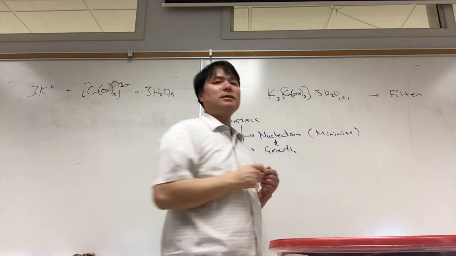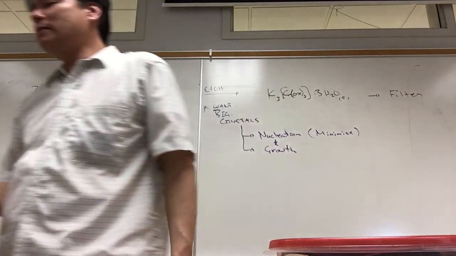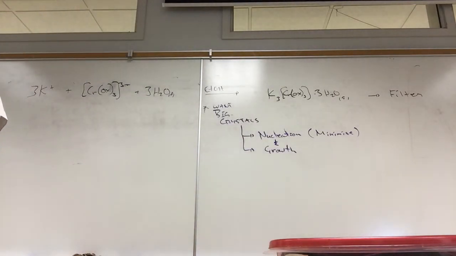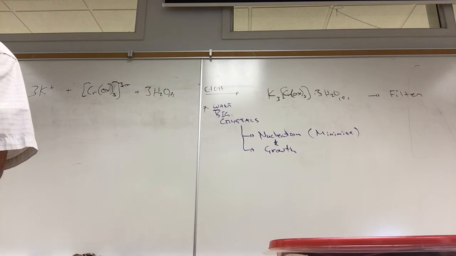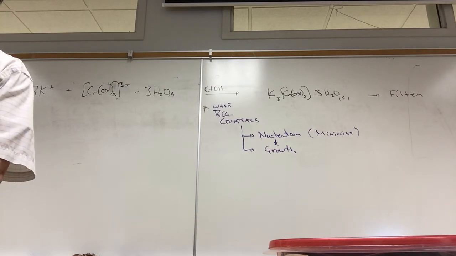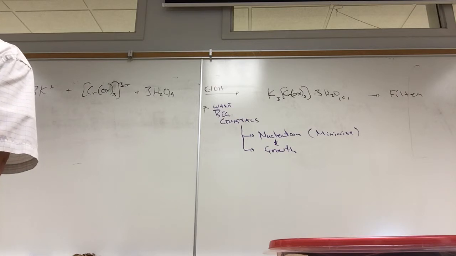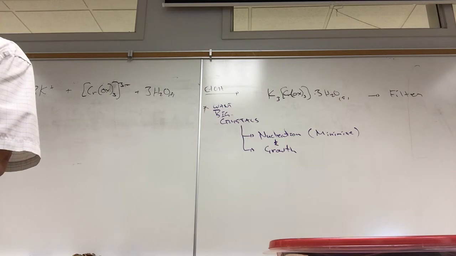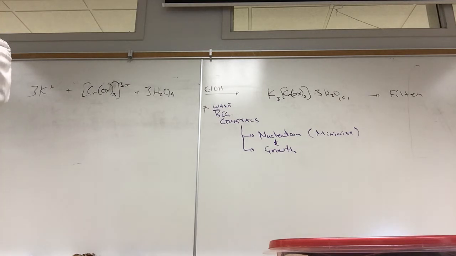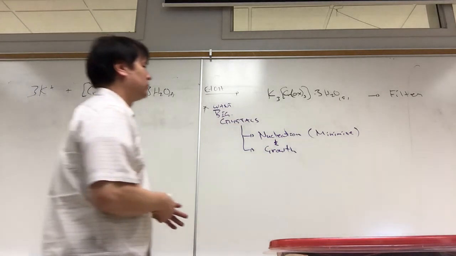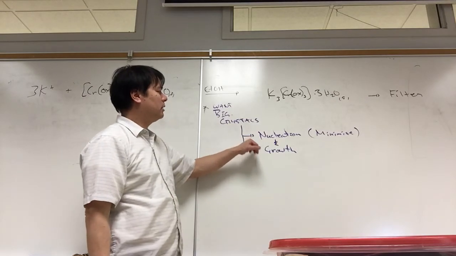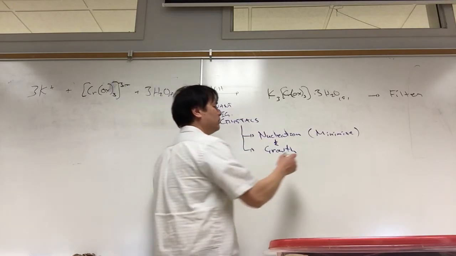There are ways people try to promote nucleation, by adding seed crystals, or like those people who seed rain clouds by putting little particles in the air so that the water can start to nucleate into a droplet, and then hopefully grow big enough to precipitate. Well, we want to minimize nucleation and maximize growth.